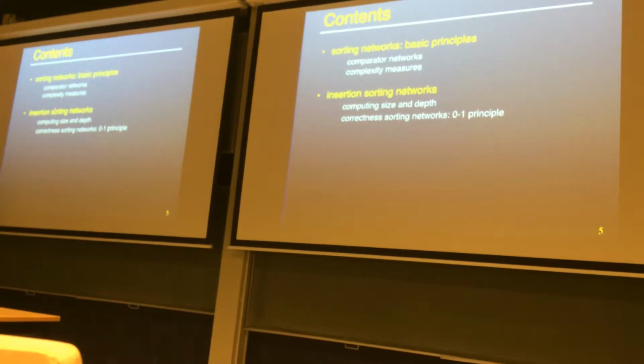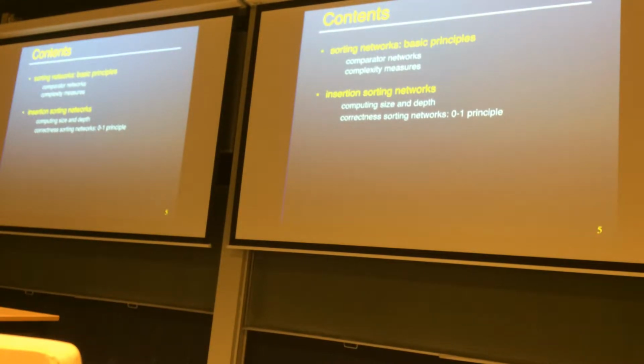Then, after discussing an insertion sorting network, based on one of the most simple principles of sorting that we dealt with in our bachelor course on sorting algorithms, we will introduce a technique called the 0-1 principle that enables you to prove a sorting network to be correct for all inputs by just concentrating on binary inputs.